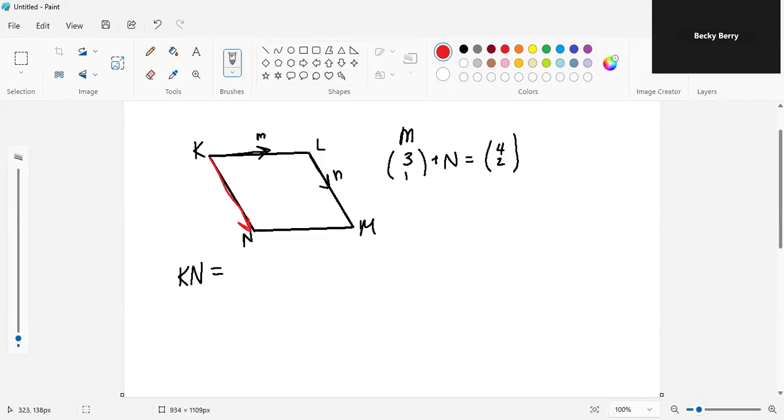Well, it's a parallelogram, so I can take the vector n and just move its location. KN and LM are parallel, so vector n would be in the same direction even over here. And because it's a rhombus, or even because it's a parallelogram, these opposite sides will be the same length. So KN is just the vector n.